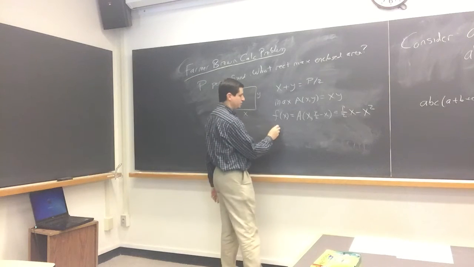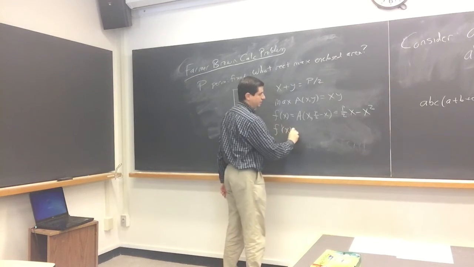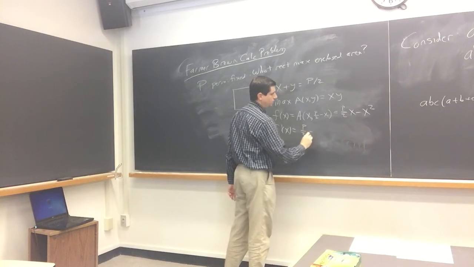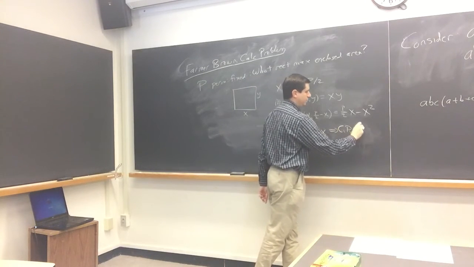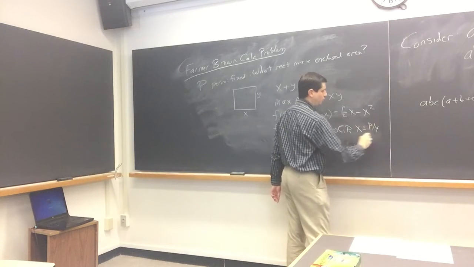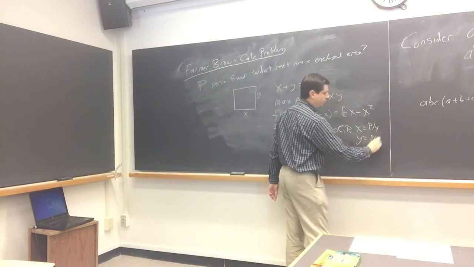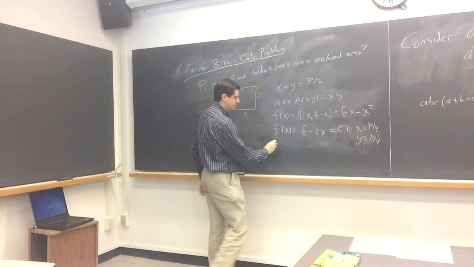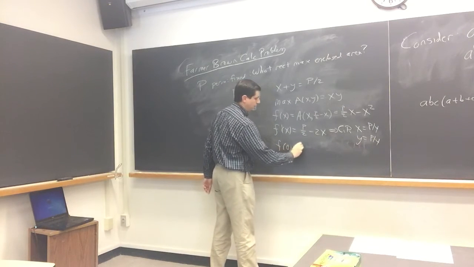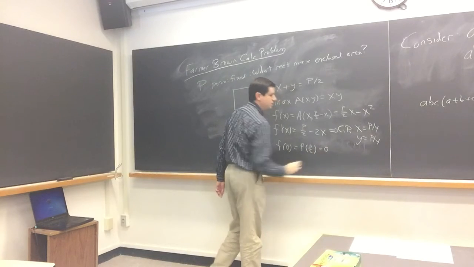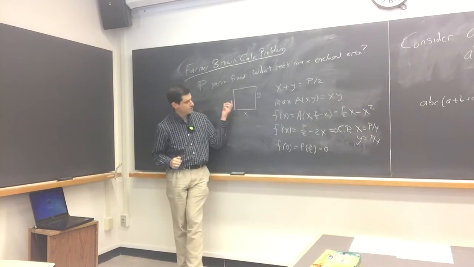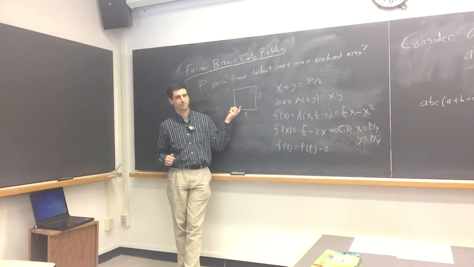So now you apply calculus, you get f prime of x is just p over 2 minus 2x. Therefore, the critical point is x equals p over 4, and then you get y equals p over 4. You check the endpoints. f of 0 equals f of p over 2 equals 0. So the maximum area is when you have a square.